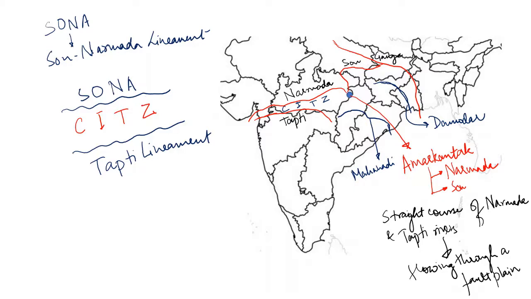The Central Indian Tectonic Zone is important because it gives us information about the coming together of the Bundelkhand and Deccan protocontinents.